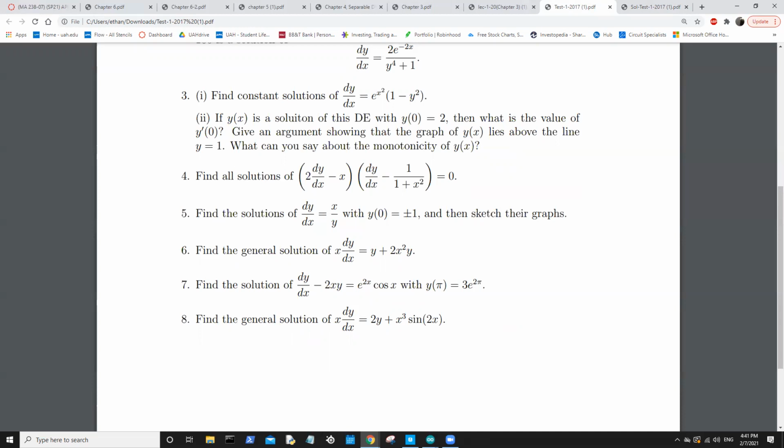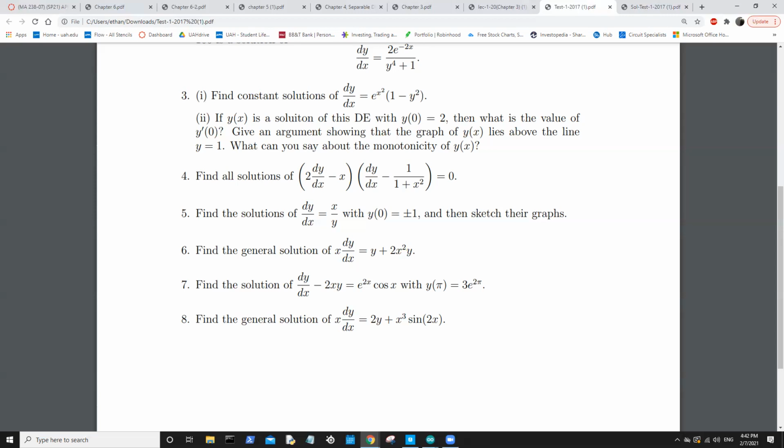That's what I would do, at least to get it into the form linear. All right, let's go with that. So rewriting this into the standard form for linear, dy/dx minus negative 2y over x is equal to x cubed sine of 2x all over x on the right hand side.